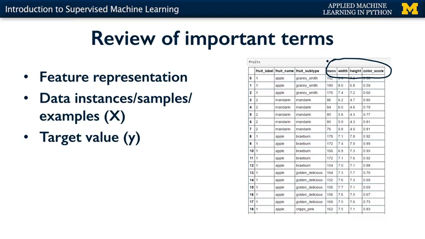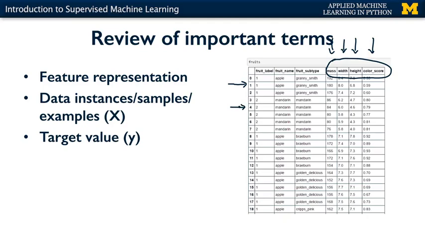So typically each column in the data set here corresponds to a different feature that's associated with each instance. I use the term instance or sample or example somewhat interchangeably. Most of the time I'll be talking about instances or samples. Each row of this data set corresponds to one piece of fruit or one specific data instance or sample.